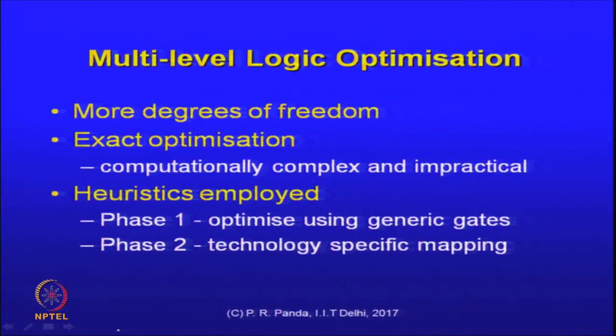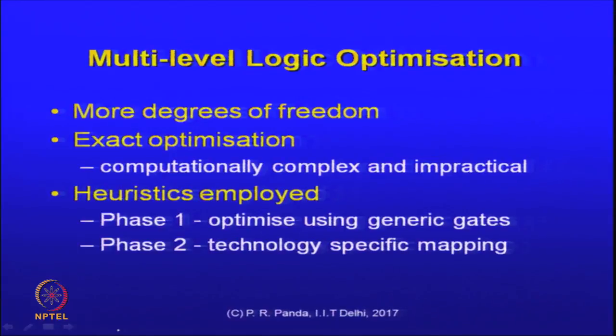Here too, as you would expect, an exact optimization is difficult, it is computationally complex. So, some heuristics are employed, and overall one can group these heuristics into two different phases. The first phase is an optimization using generic gates.